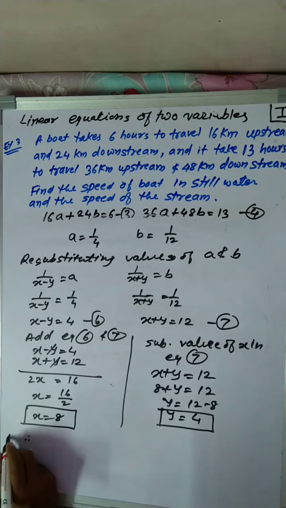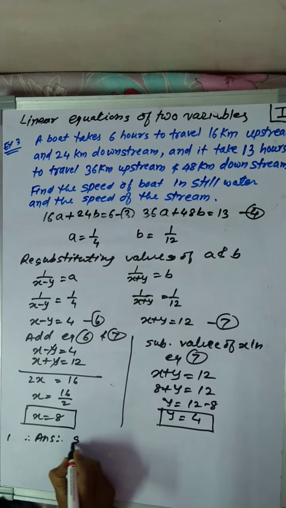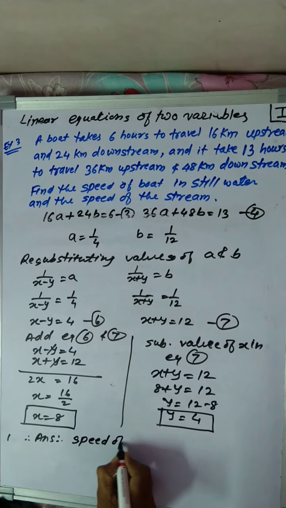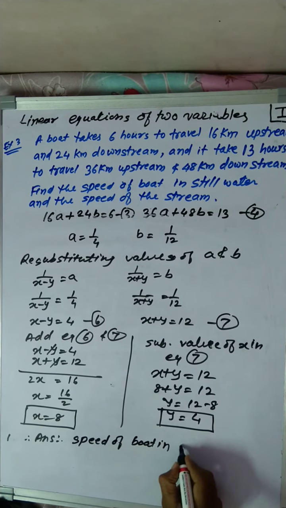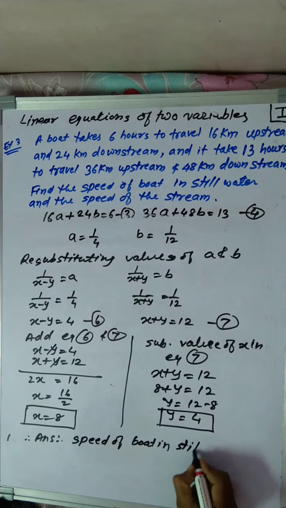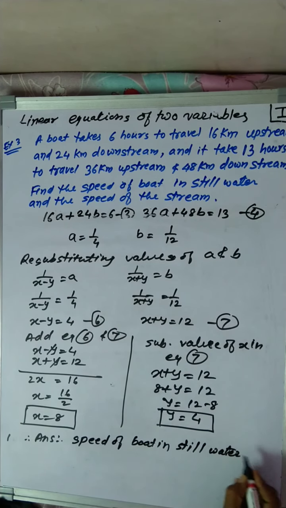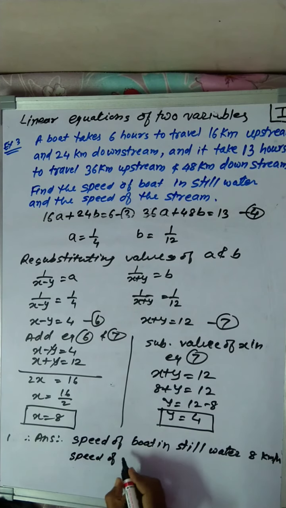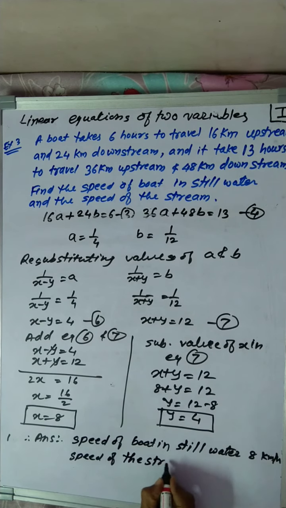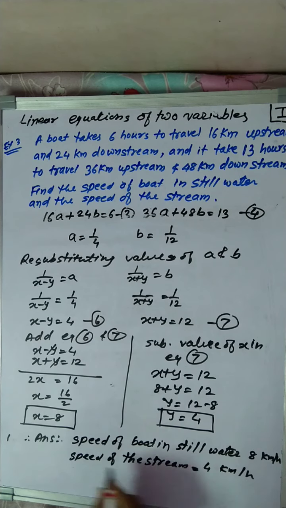Hence our answer is: the speed of the boat in still water is 8 km per hour and the speed of the stream is 4 km per hour. This is our final answer.